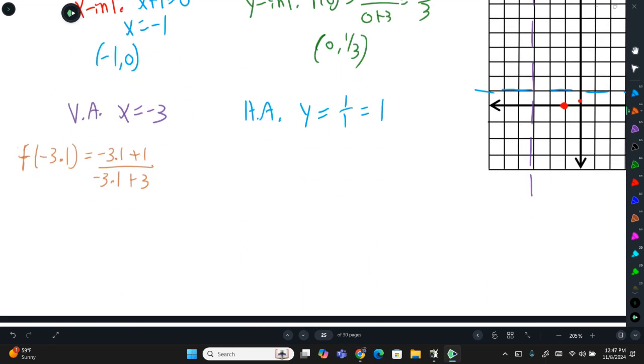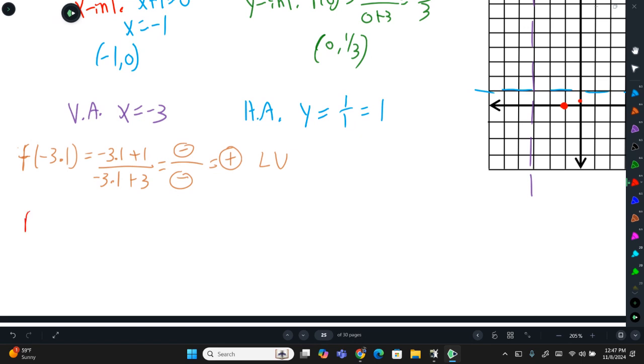And again, we're only concerned, is this positive or negative? Okay, so the numerator is going to be negative. The denominator is going to also be negative. Negative divided by negative is positive. So that means the left side is going to go up.